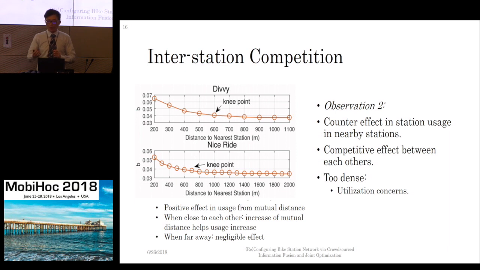That means a competitive effect can be seen, which is reasonable in practice, as when users have more drop-off or pick-up options with stations available nearby, there will be competitive effects between the neighboring stations. The station network and the dock locations cannot be too dense, or otherwise there will be utilization concerns. Therefore, we consider this distance here as the lower bound for the network expansion.